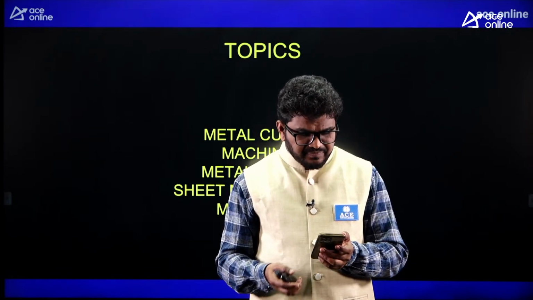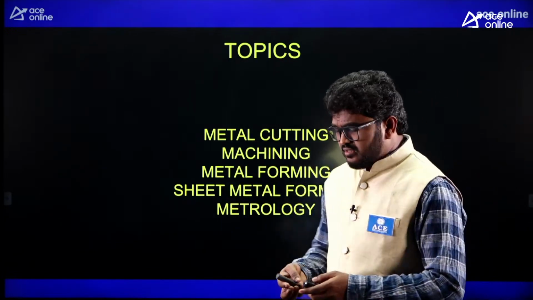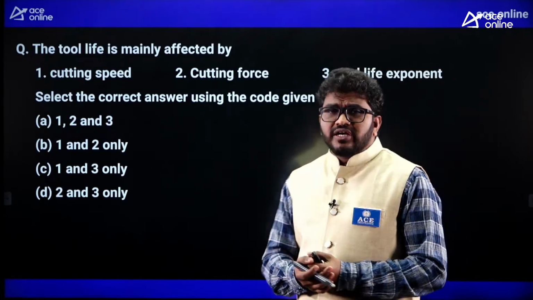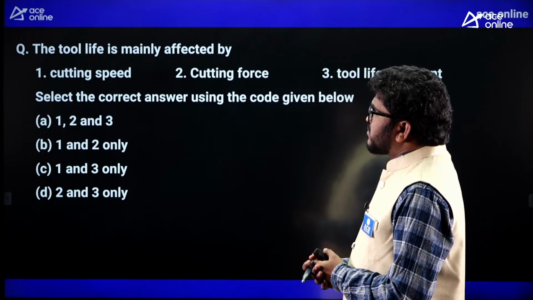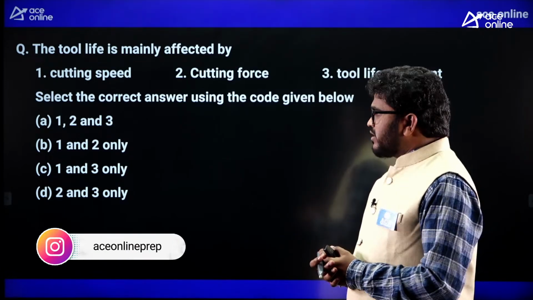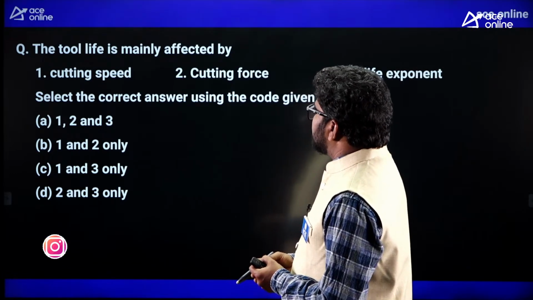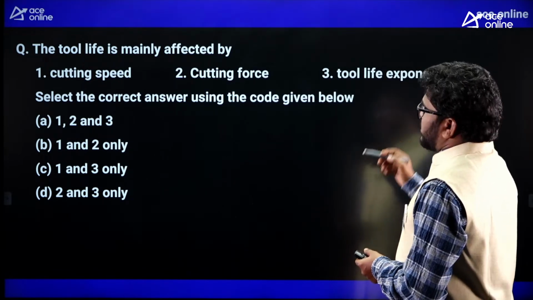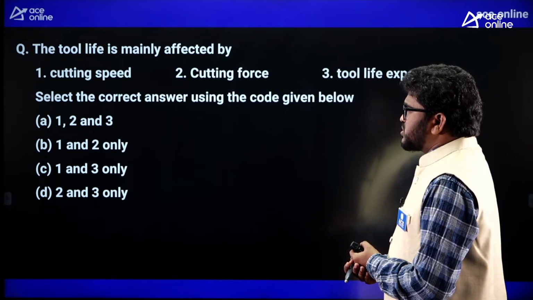Okay. And see, we will start the questions, important unexpected questions. Now see here, the first question: the tool life is mainly affected by, first one cutting speed, second one cutting force, third one tool life exponent. Select the correct answer using the codes given below.